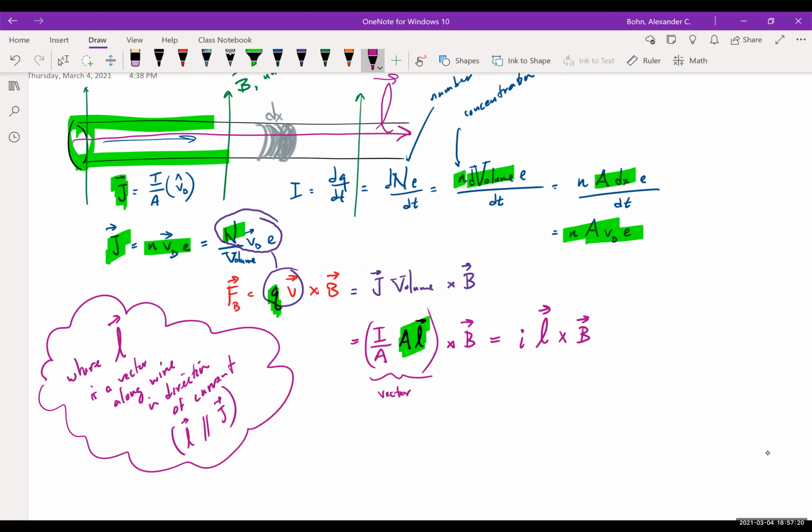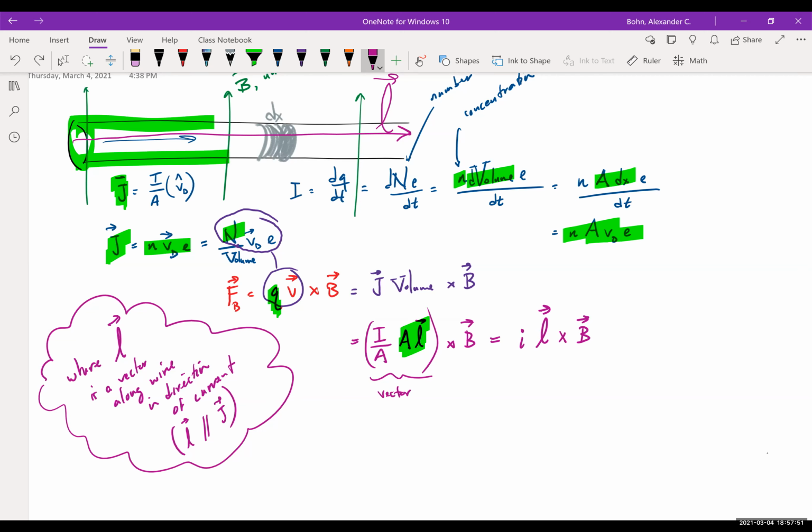We've used A as a vector before, but it's about to cancel, so I don't want to use that. And current is strictly defined as a scalar. Okay, so let's use L. Let's talk about vector L along the wire in the direction of the current.